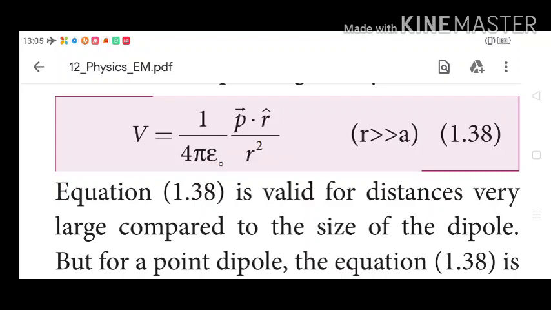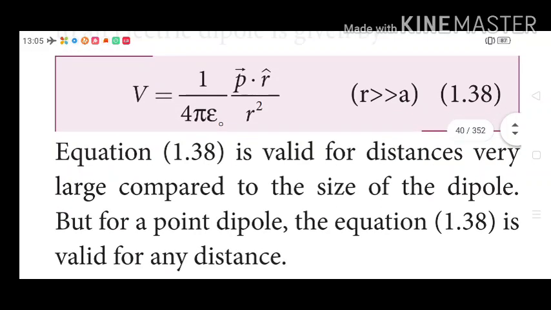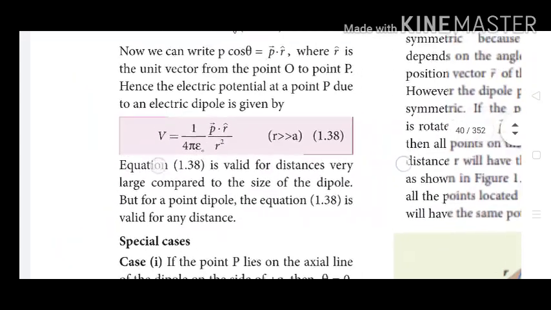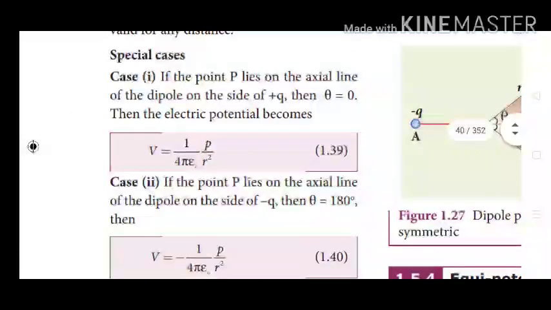So equation 1.38 is valid for distances very large compared to the size of the dipole. But for a point dipole, equation 1.38 is valid for any distance.